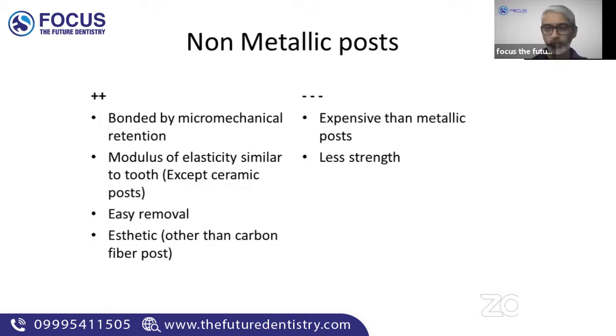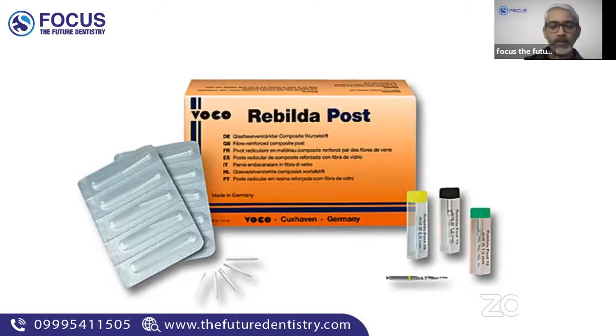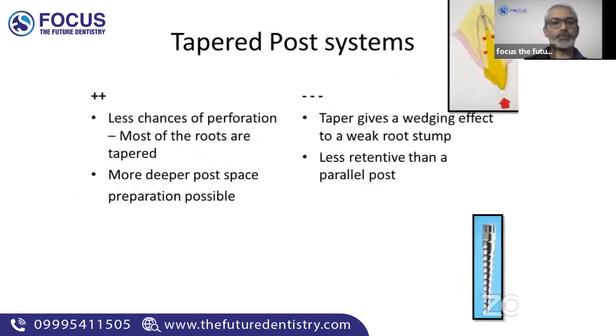You can drill through many of them. They are much more aesthetic. Why do you need aesthetics in a post? I'll come to that. But the problem with non-metallic posts is that they are more expensive than metallic posts, and the strength is less, not as much as your metal post. An example is the Rebilda post from Voco. There are a lot of companies giving you non-metallic fiber reinforced composite posts.